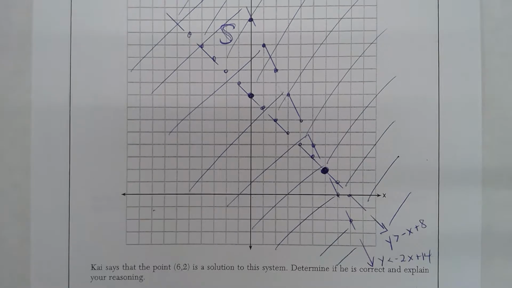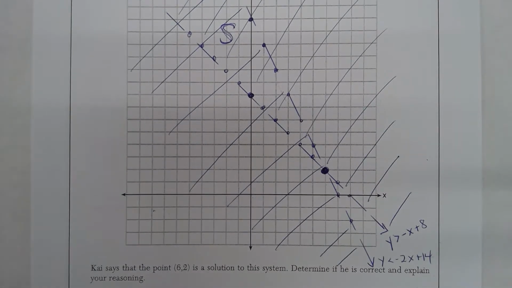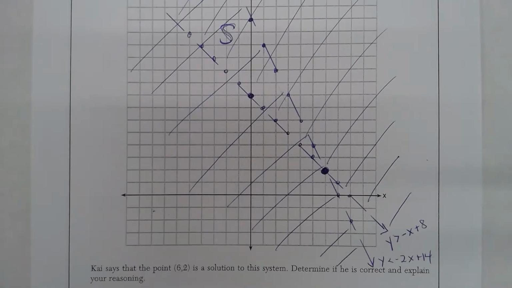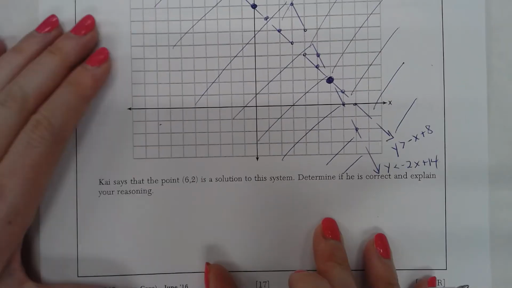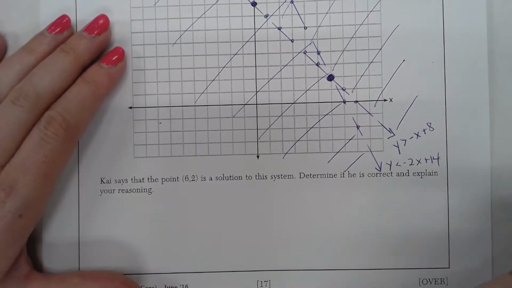That's actually the point of intersection, which we have talked about before. Does the point of intersection count as a point in the solution? In this case, no, it does not, because it's on two dotted lines.